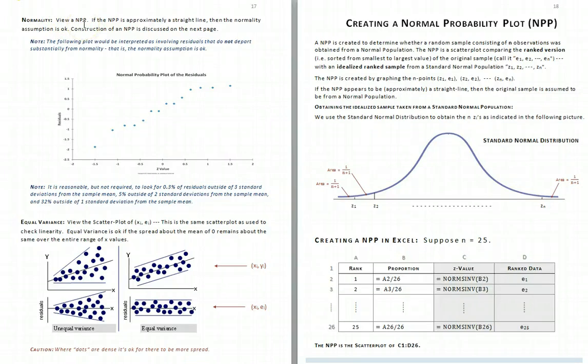An NPP that resembles a straight line indicates that the normal assumption is satisfied. This NPP sufficiently resembles a straight line to indicate the normal assumption is satisfied. Details on creating an NPP appear on the next page.